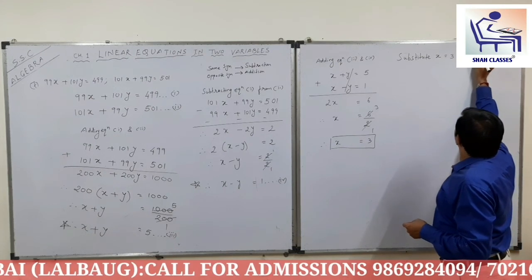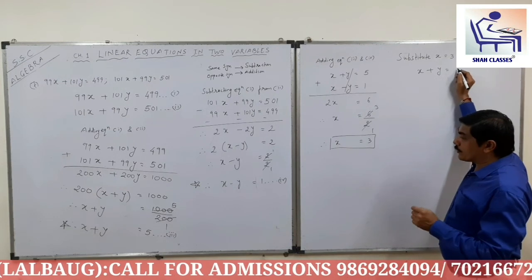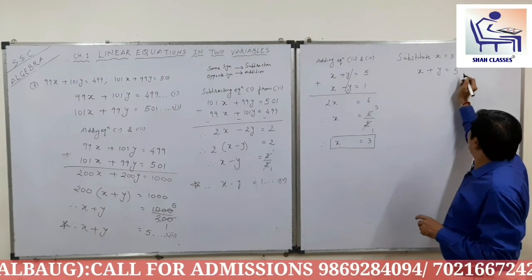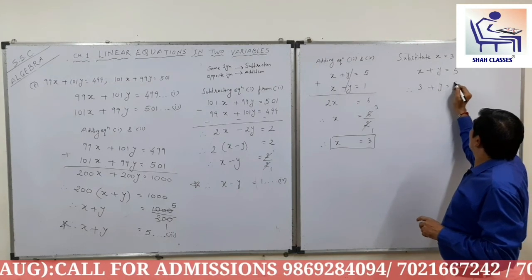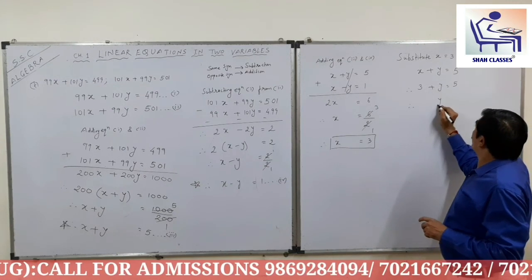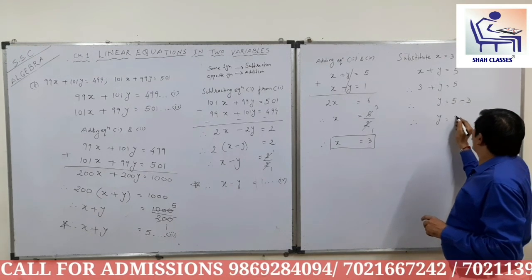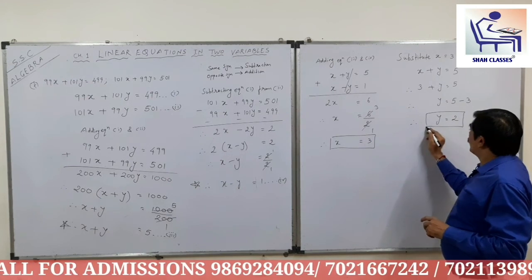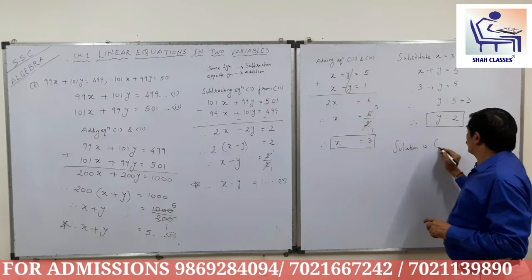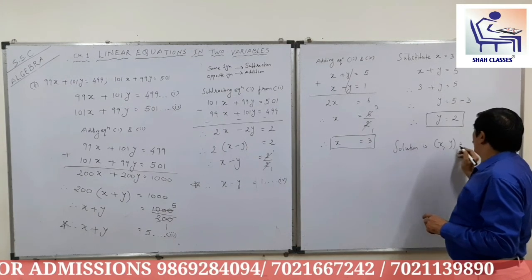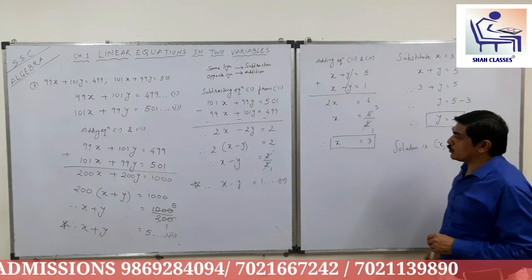It seems easy. Substitute the value in whichever equation seems easy to you. So x is equal to 3, plus y is equal to 5. Now y is equal to 5 minus 3, so y is equal to 2. So the solution is x is equal to 3 and y is equal to 2.